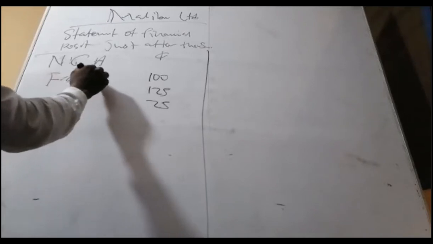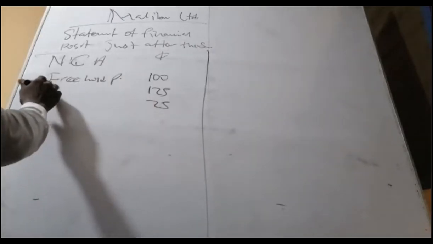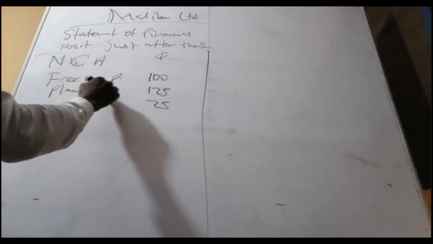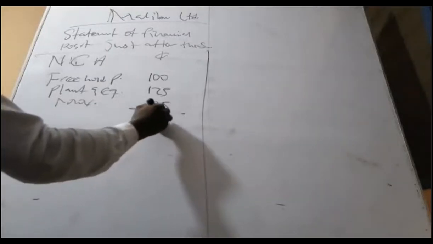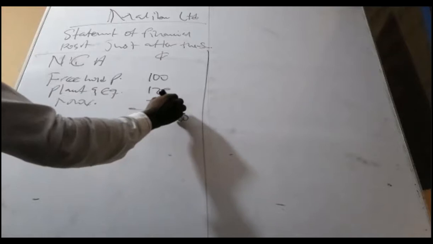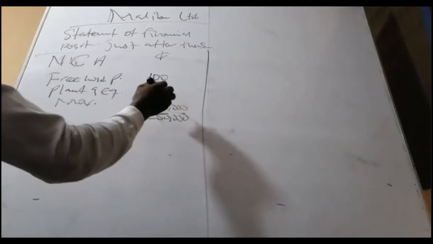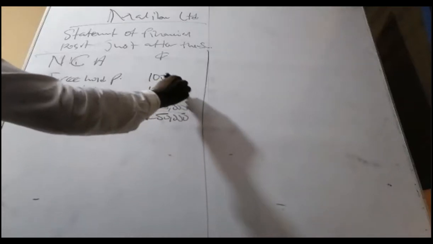Freehold premises 100, land and equipment 125, and motor vehicle 25.